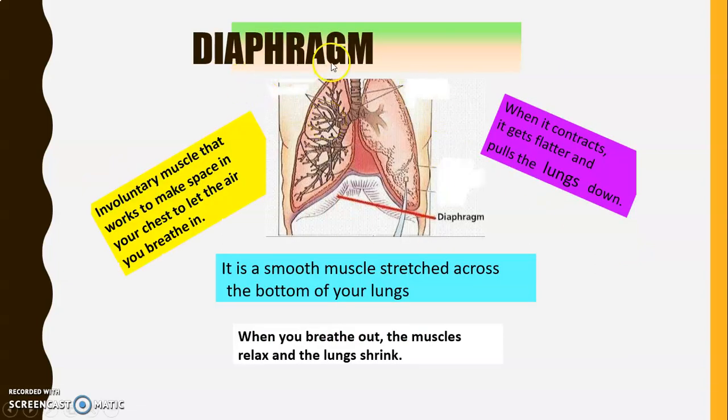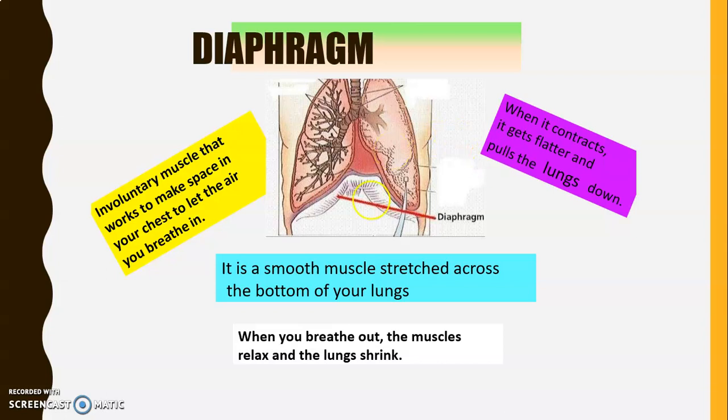So the diaphragm here, it's a muscle right underneath your lungs. And notice that this diaphragm here is the second most important muscle in your body. It's right after the heart muscle. You know, the heart is the muscle that pumps the blood in your circulatory system, and it's very important for you to stay alive.